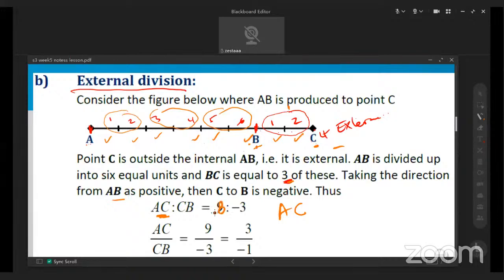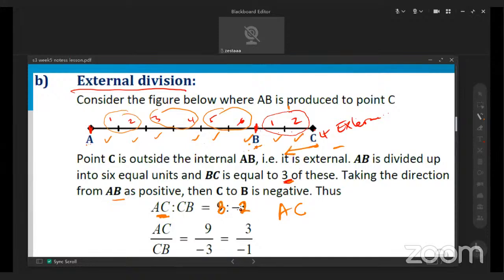It is 8 times. This AC from A up to C is 8. But from C up to B, here we are seeing 2 points. So the 2 becomes a minus, because we are moving in the opposite direction.